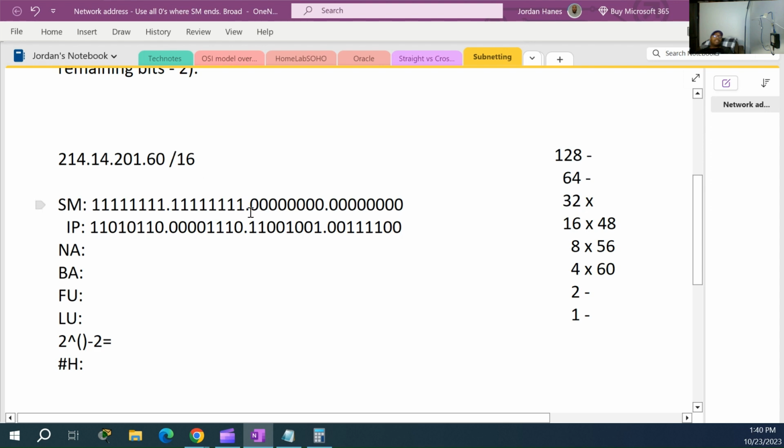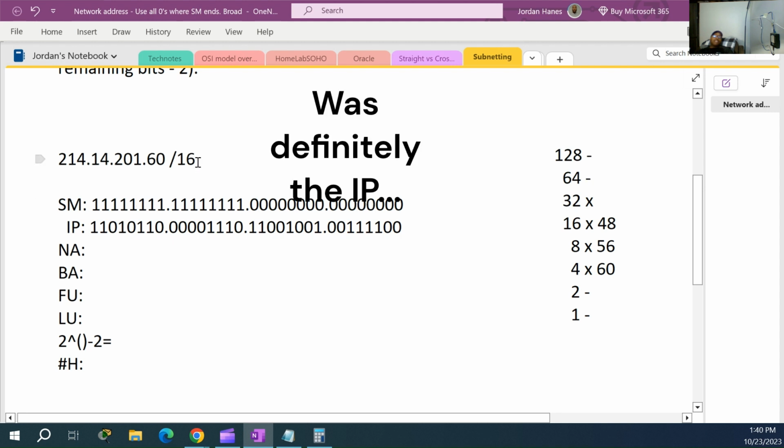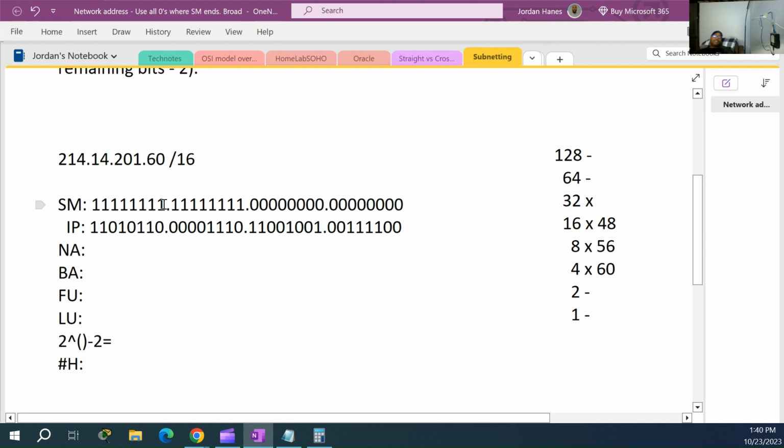Okay, and that sped up version or shortcut I was mentioning is a good opportunity to mention here. This /16 is important because it lets us know which portion of the IP address is the network and which portion is the host. The network is going to be the bits that are counted. So this first 8 plus this first 8, which equals 16, that'll be our network portion.